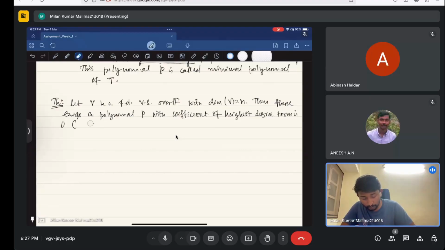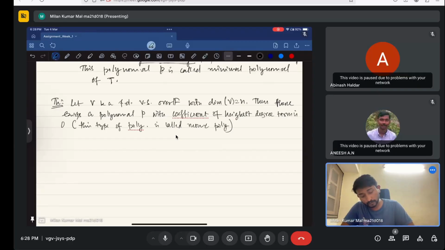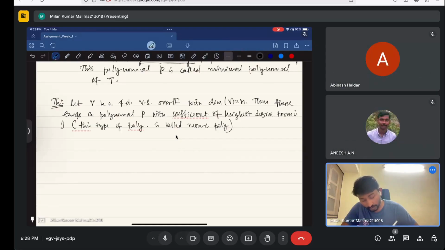This type of polynomial is called a monic polynomial. Okay, highest degree term, sorry, it is 1.